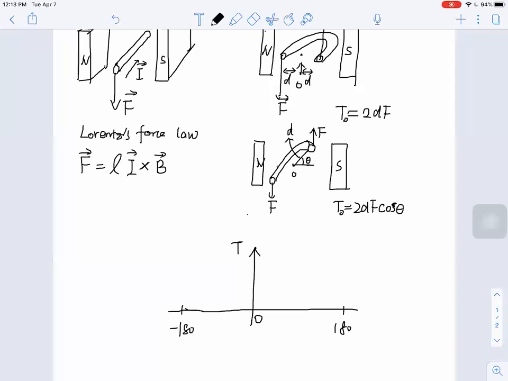And see if our torque is going to be, this is 0 and 1, negative 1. Let's see, this is negative 1 for torque. And if we want to plot how the torque changes with different angles, it's going to look something like this.